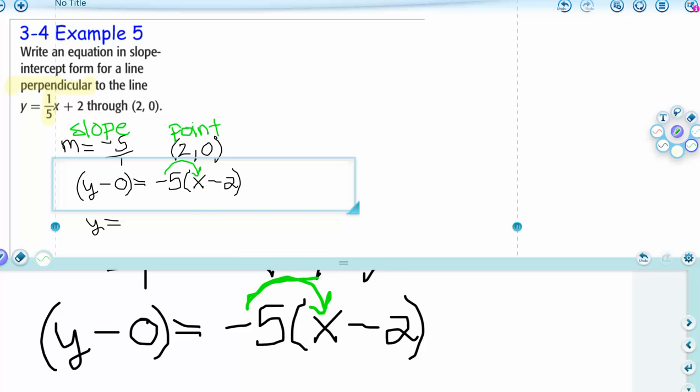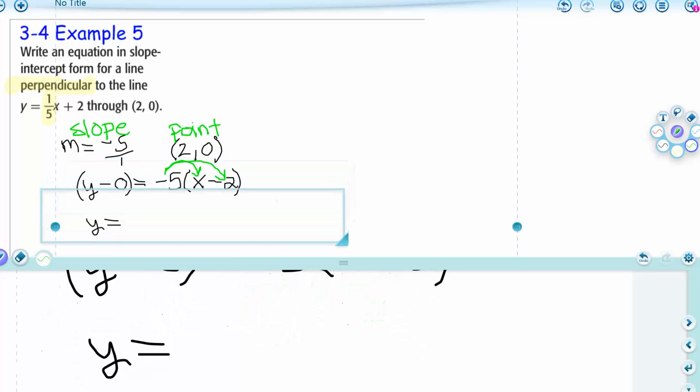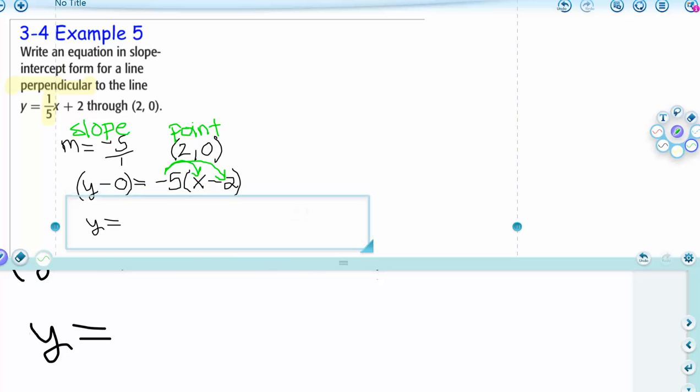And I'm going to take the -5 and multiply it times -2. Be careful with your negatives here. So what I end up with when I distribute that -5 is -5x. And then -5 times -2 is +10.